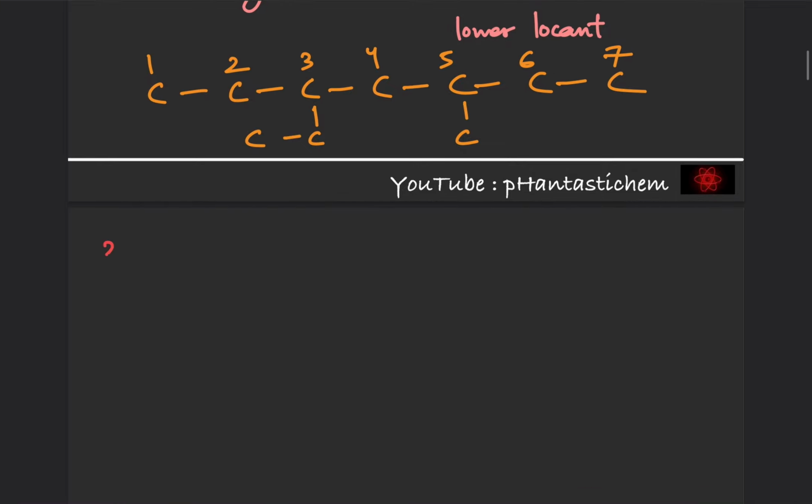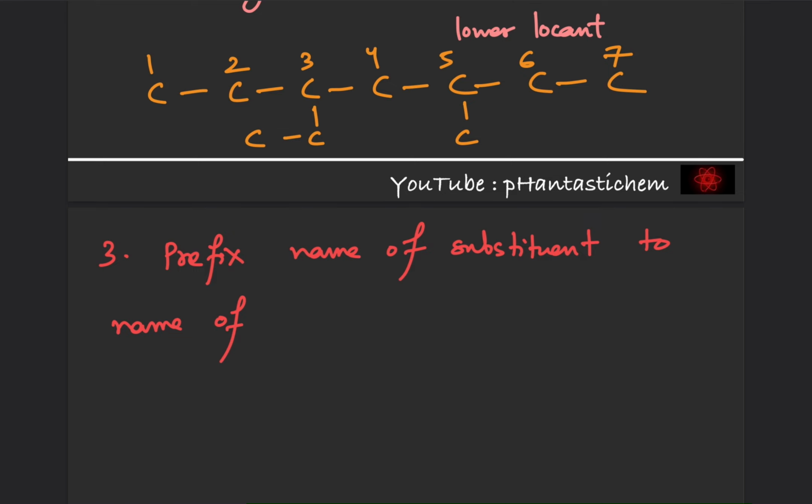Okay, so the next step is to prefix the name of the substituent, in our case the alkyl groups, to the name of the parent alkane.